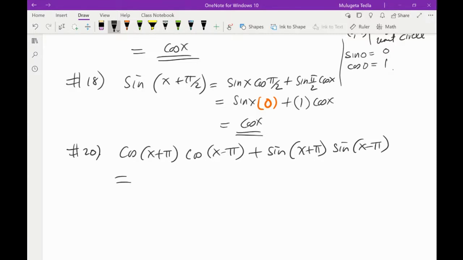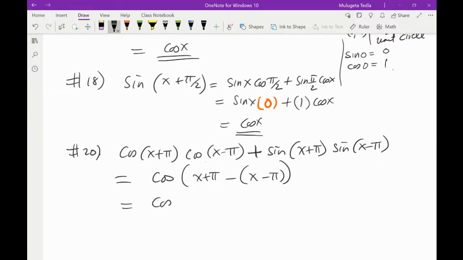Is there a pattern that you can connect it with the formula sets that we've discussed? Definitely, think of it. Isn't it cos of alpha minus beta? Exactly. Cos cos, sine sine. It must be cos of, because this is plus, then it must be minus. So the first angle is x plus pi, the second angle is x minus pi.